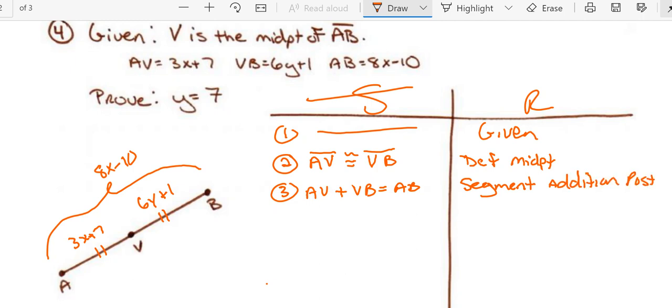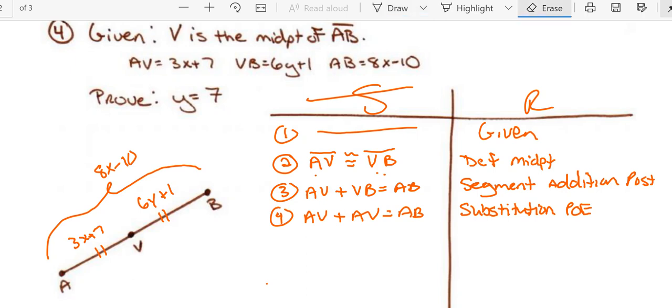Now, since we know that these are congruent, for step 4 we're going to say that AV plus AV equals AB. That's going to be the substitution property of equality. I don't think I realized this was this tricky when I put it up, so I won't give you anything this involved, but let's just finish it up.